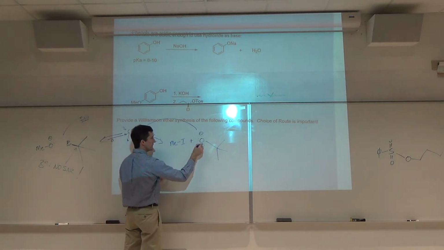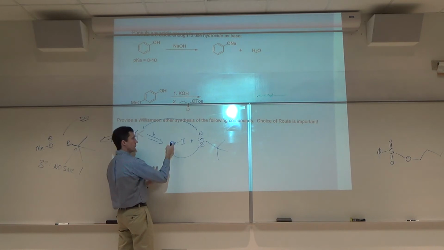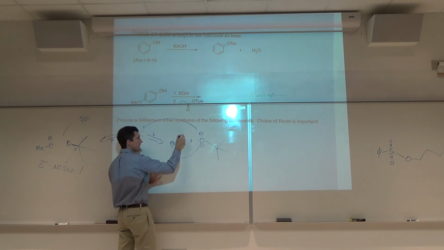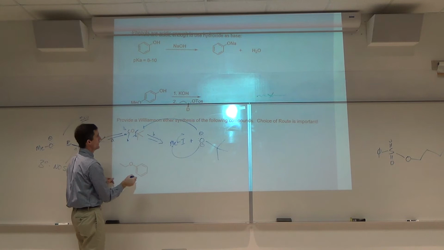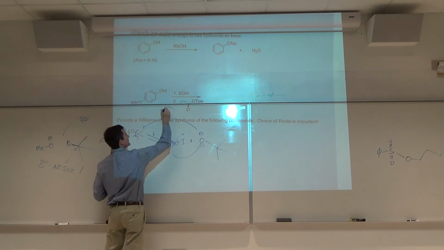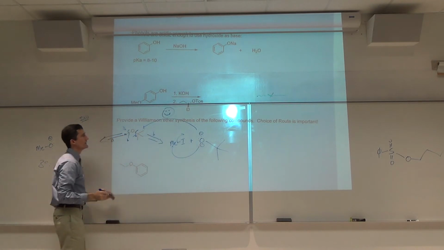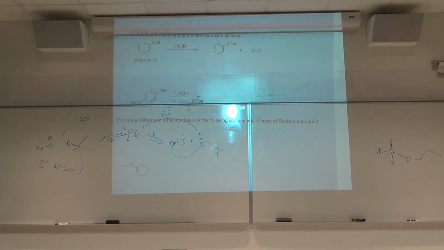Much better route. These electrons attack the methyl. Of course, that's a CH3, okay? Kick off the iodine. Yay, this is a good route. Okay? Choice of the route is important.